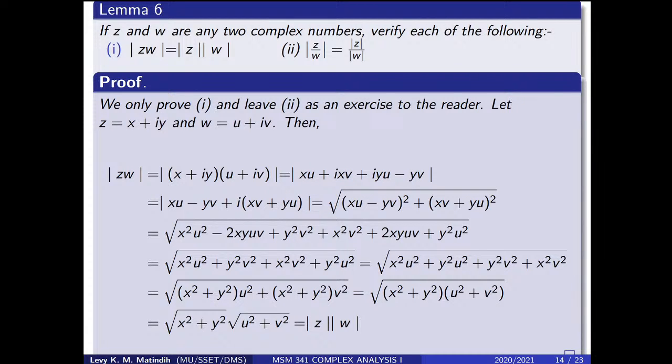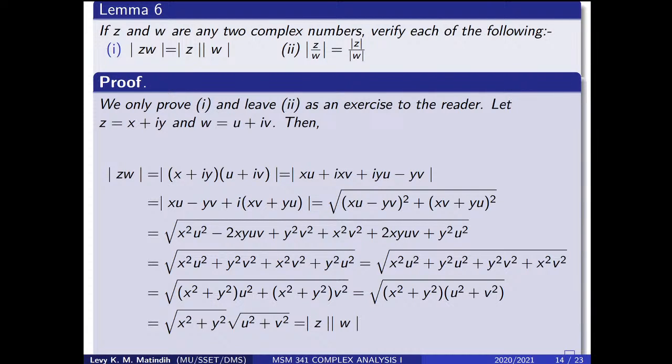Then if we do the collection, now you see we have the negative of 2xy uv and the positive of 2xy uv. So these two are going to cancel. Then when they cancel, you're going to remain with the square root of x squared u squared plus y squared v squared plus x squared v squared plus y squared u squared.